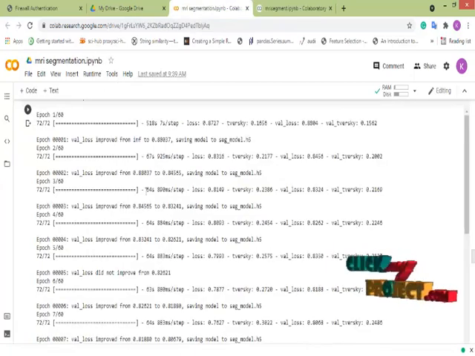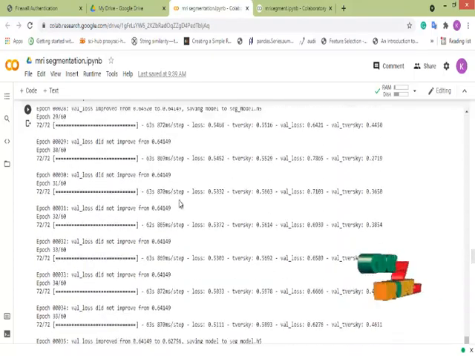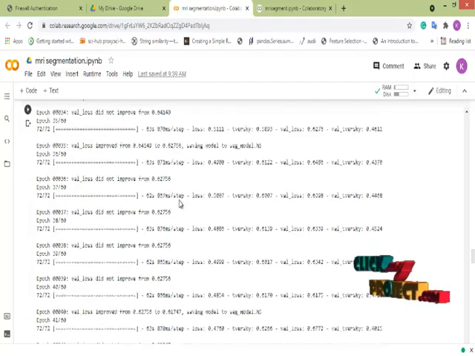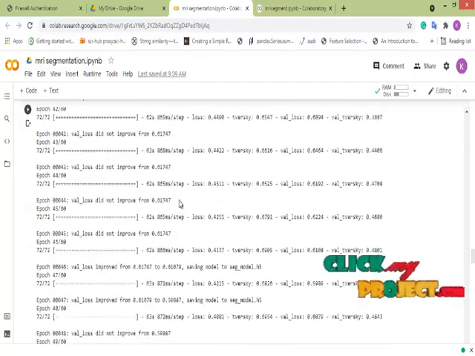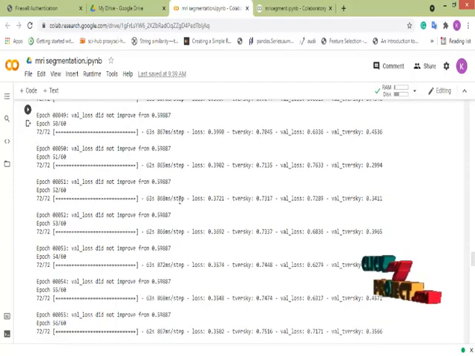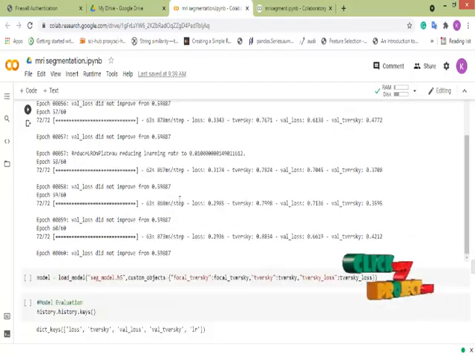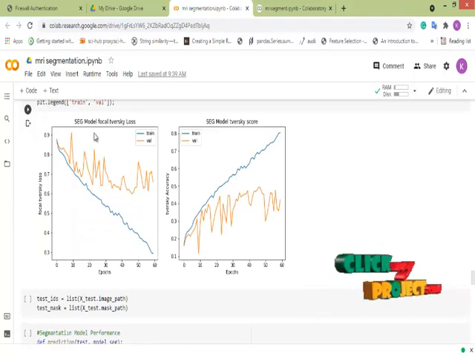The epochs are running, 60 epochs are running. On the final result, it will have improved. So like this.